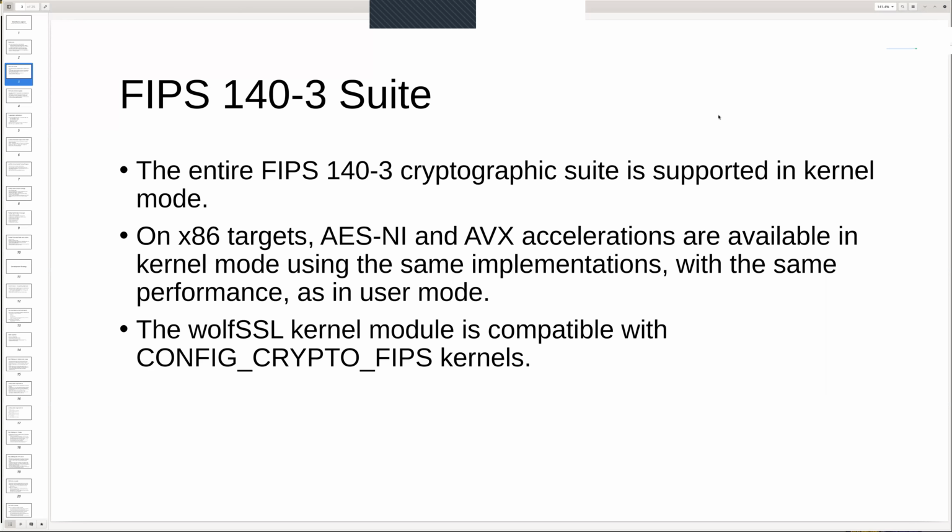And just to back up for a second, the big reason that you're interested in using the wolfSSL library or wolfCrypt in order to meet a FIPS140-3 requirement is that you are not bound to any particular Linux kernel major version when you use wolfSSL or libwolfssl.ko.signed as your FIPS140-3 crypto provider. We support kernels from the 3.x series all the way through the latest release candidate and every LTS kernel in between.